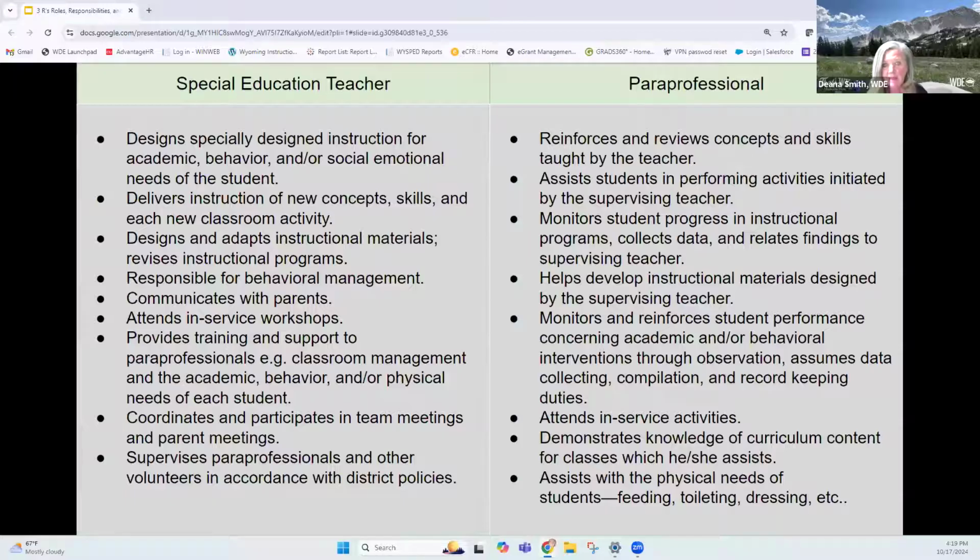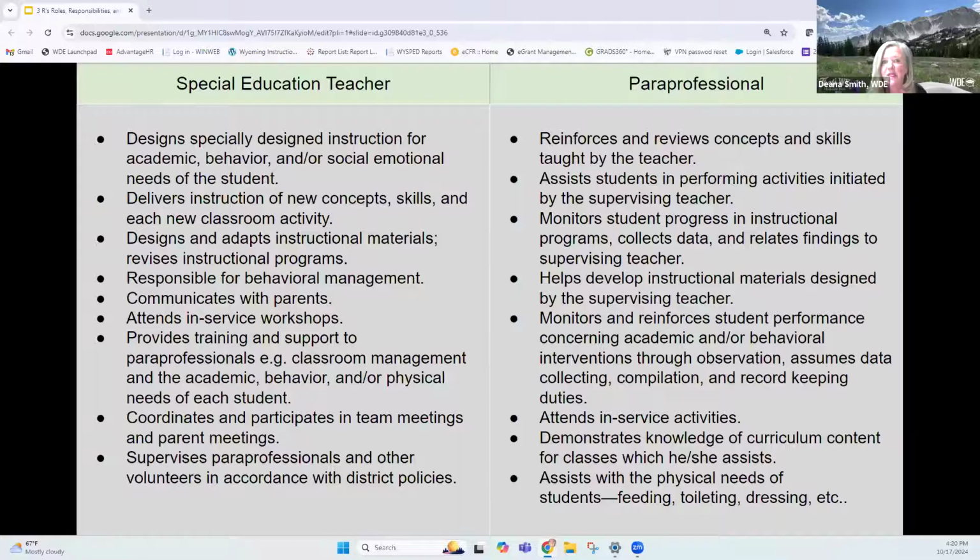The words that pop out to me are: the teacher is the one who designs that specially designed instruction that's based on the student's individual needs. The teacher plans, the teacher delivers that instruction on new concepts and skills, okay? They supervise and provide training and support.